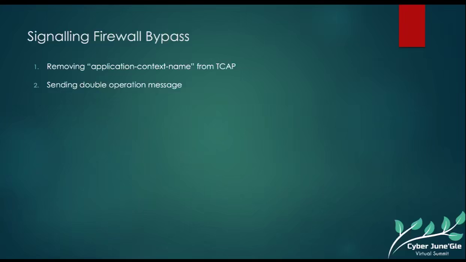Okay, to perform the bypass, we need to remove the application context name from TCAP. Or the next way is sending a double operation message. So I want to illustrate what the application context name is. The application context name, or ACN, is used for all supported ITU TCAP messages except abort messages.